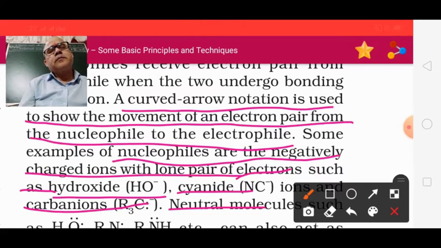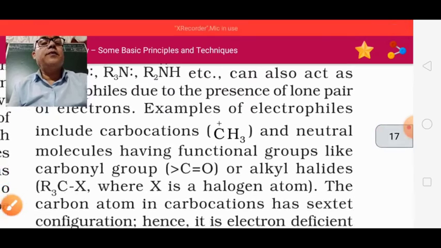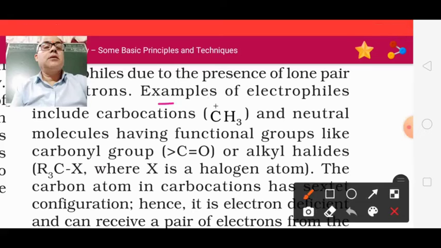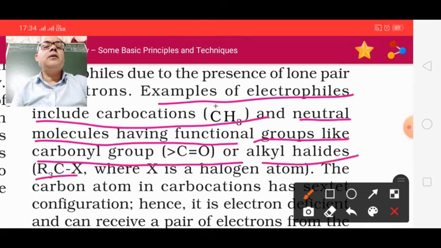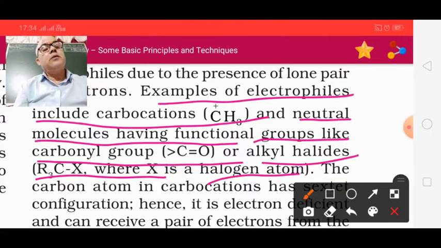And those that have a negative charge may be nucleophiles. Now you can see some electrophiles like this. Electrophiles include carbocations and neutral molecules having a functional group like carbonyl, alkyl halide. These are the electrophiles.